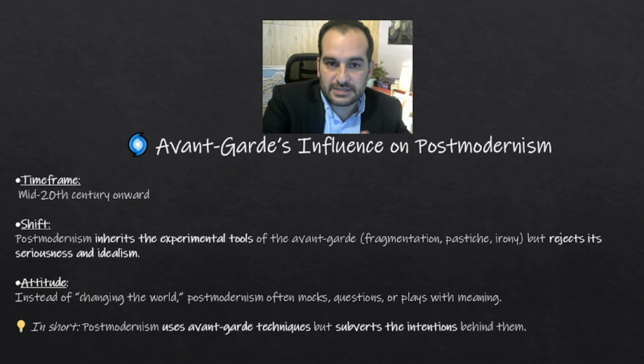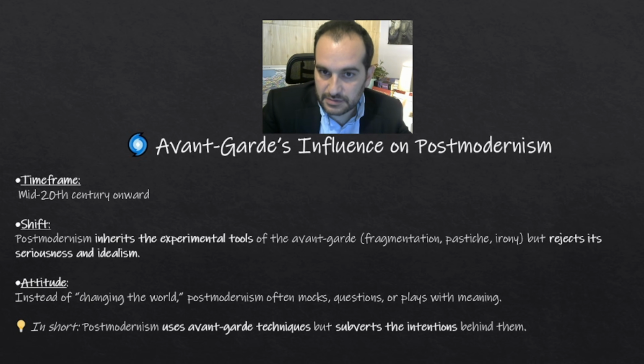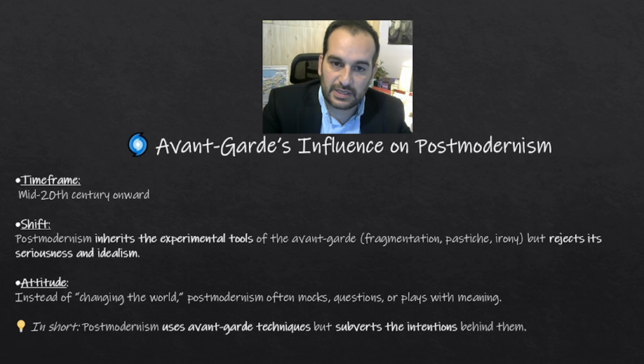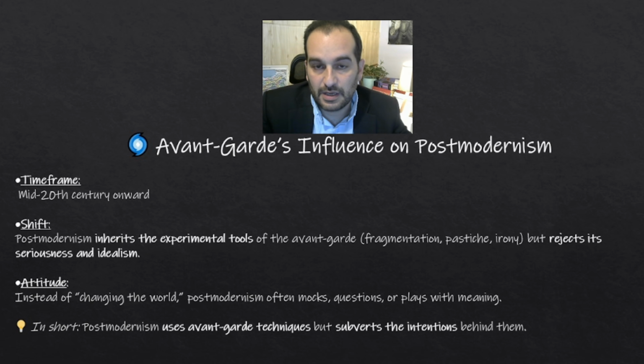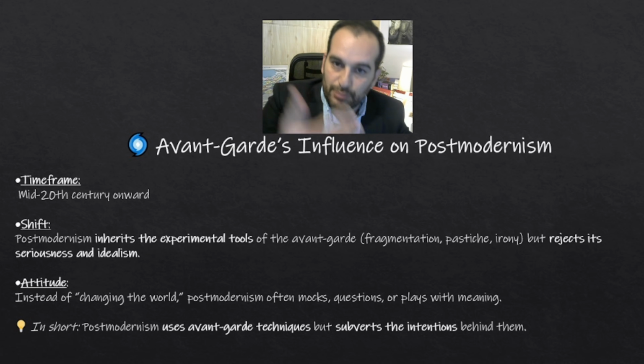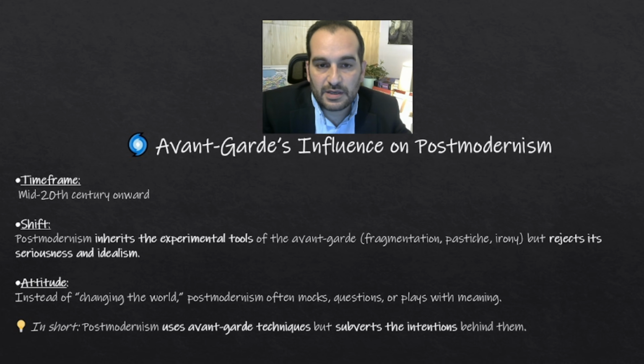In the previous lesson, we talked about the avant-garde movement in detail, and we said that it started during the modernist period. However, it had its effects on postmodernism as well.